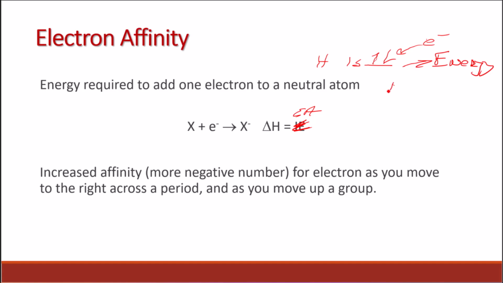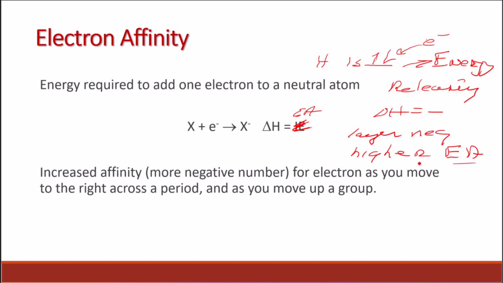If we're releasing energy, and let's just think of heat, or it could be light in the form of a photon, which it probably is, if we're releasing energy, we get, for our delta H, a negative value. So the larger the negative value, the higher the electron affinity, EA.